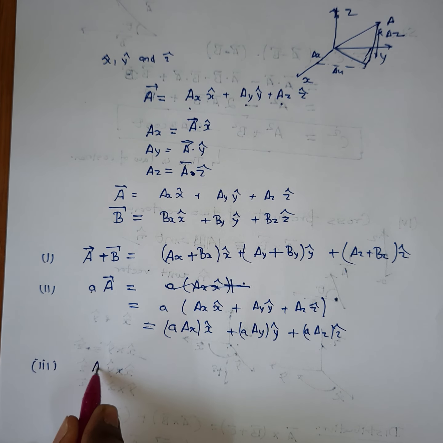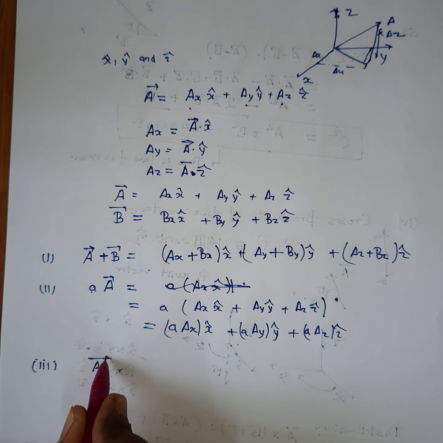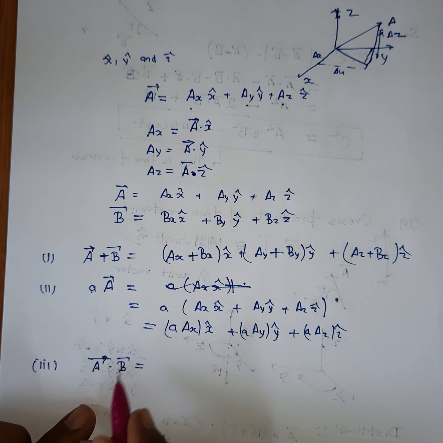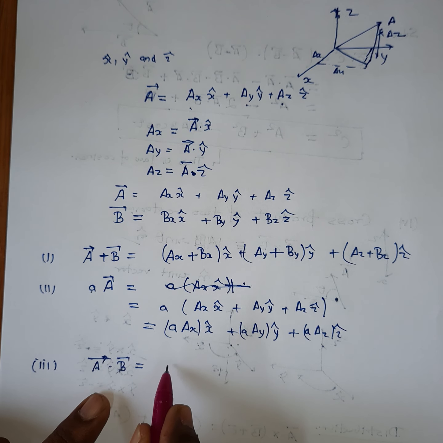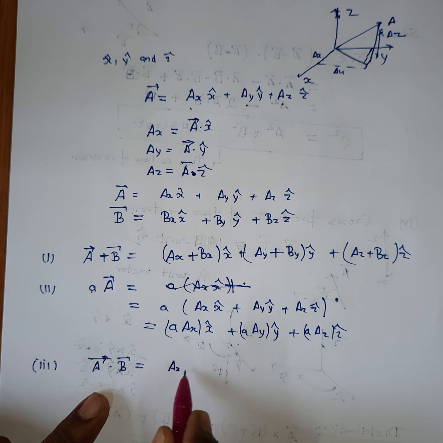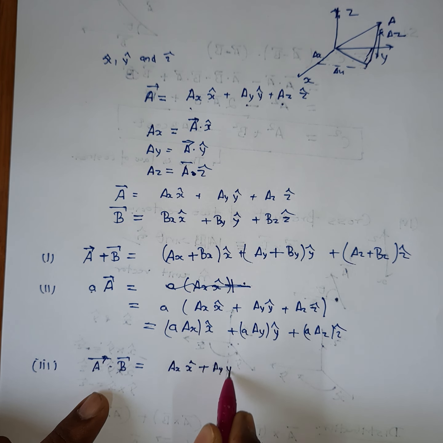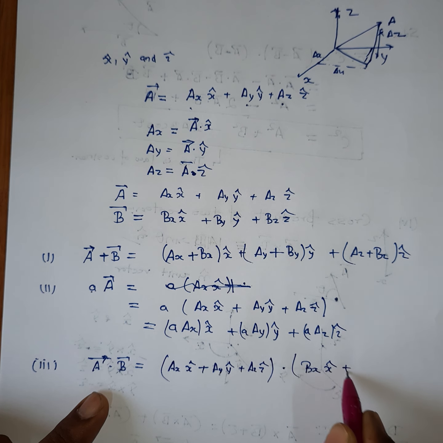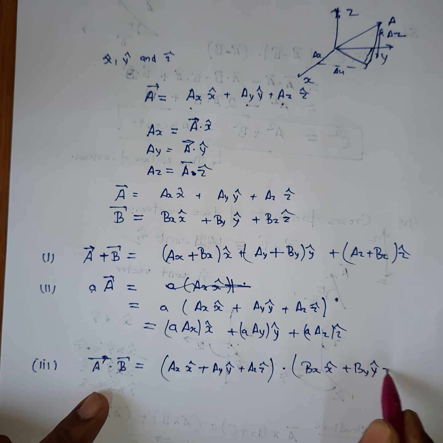Now let's see how you do the dot product. Let's take a vector dot b vector, which, as we have already discussed, we can write as ax x cap, ay y cap, az z cap dot bx x cap, by y cap, bz z cap.